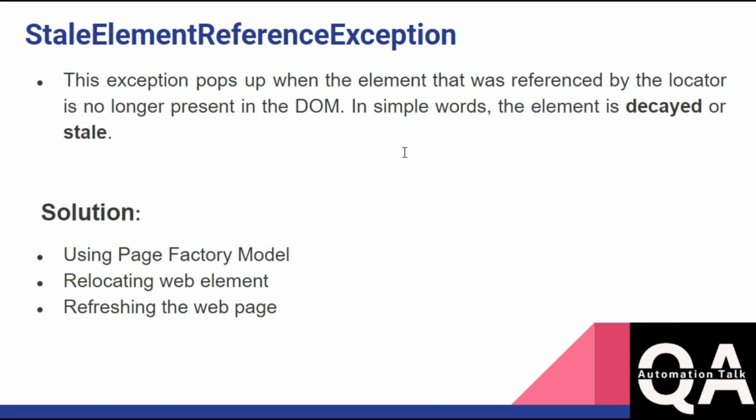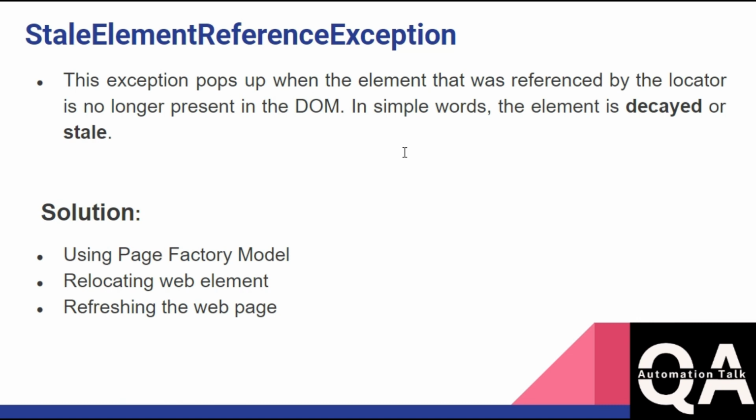So basically, when you are executing anything on a page and you go to some pop-up and then come back to the main page and try to hit any element that is over there, that can be decayed sometimes and can be stale. In that case, the StaleElementReferenceException is thrown by Selenium.